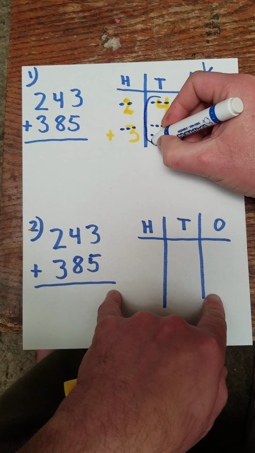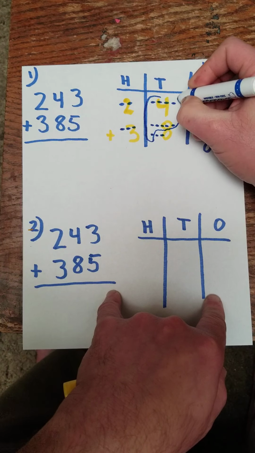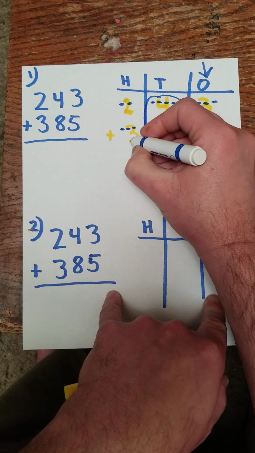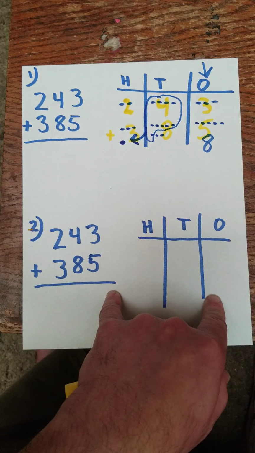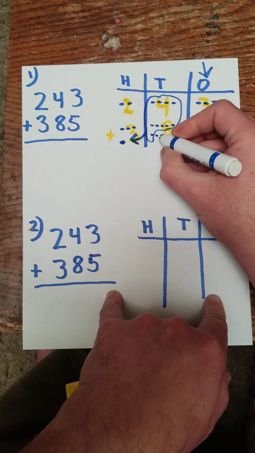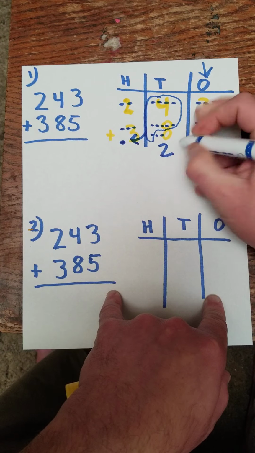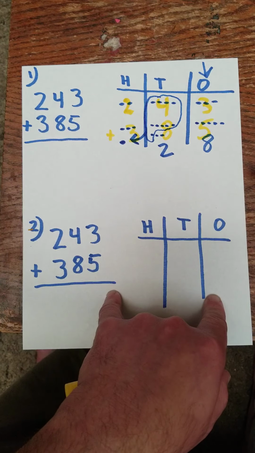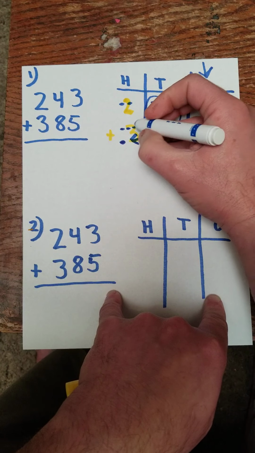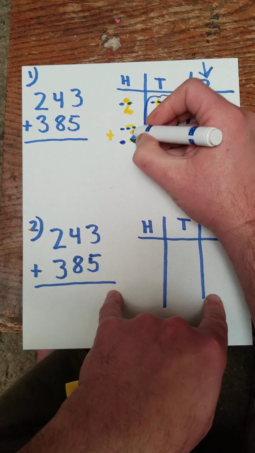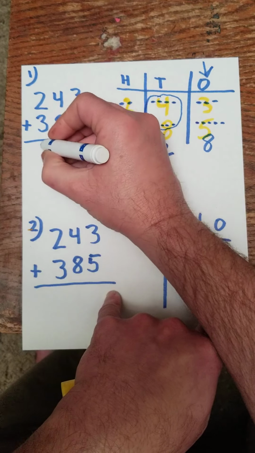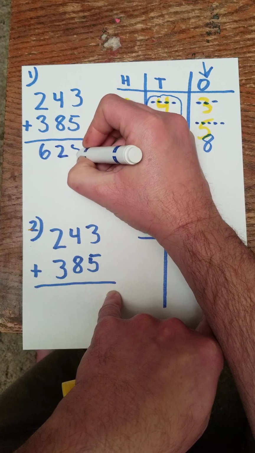So what I can do when I have my 10 tens is to take them and group them together to make 100. So those tens are gone. They became the 100, and that leaves us with 2 tens now. Then we go ahead and count up our hundreds. We had 2. We added 3, 4, 5, and then 1 more makes 6, for a total of 628.